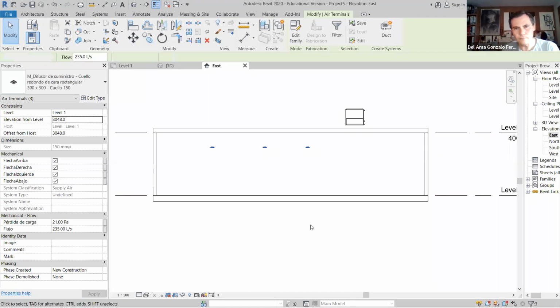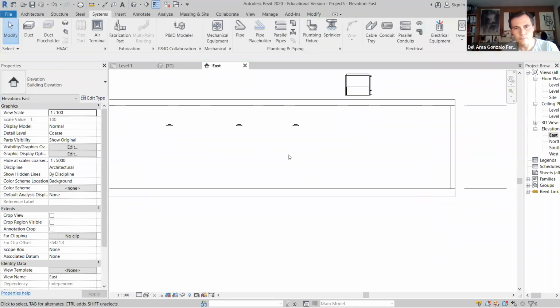Okay, so now it can be here. So those are the air terminals, and this is the air handling unit.